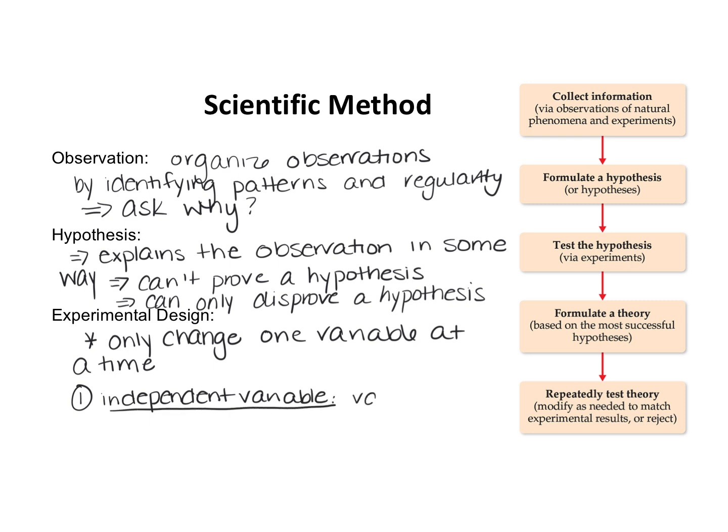And this is the variable that's changed by the scientist. So when we say we're only going to change one variable at a time, that's the independent variable that we are changing.